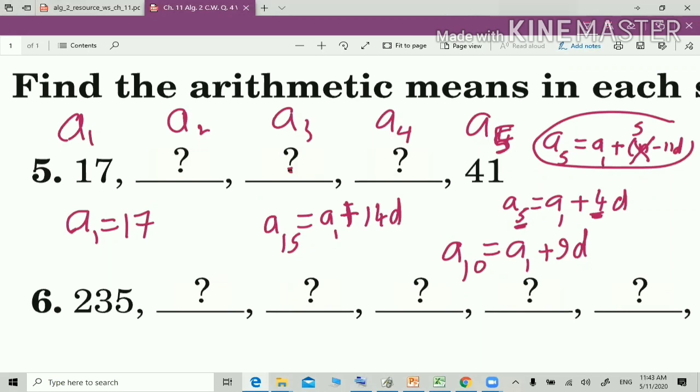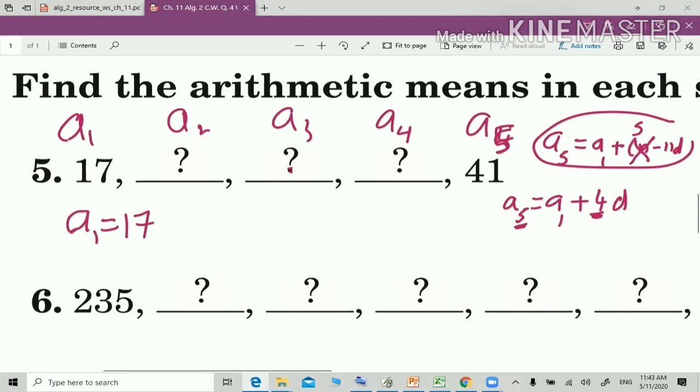Just come back to our question. We are going to find the value of D, because I don't know the value of D. A5 here is 41, I will substitute. A1 here is 17 plus 4D. Solve that equation and you will know the value of D. How will I solve that equation? I will move that 17 to the other side.